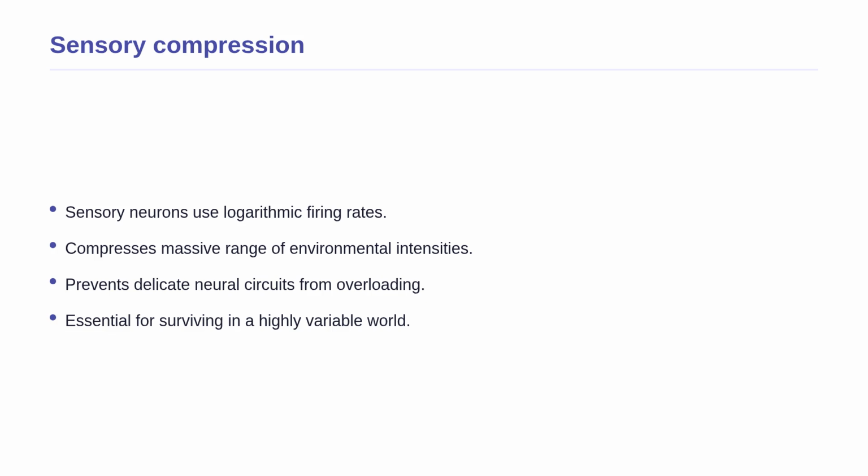By compressing the data, our brain can handle a massive range of intensities without overloading our delicate neural circuits. Engineers actually use this exact biological principle when designing audio compression algorithms and digital cameras to mimic human sight and hearing.